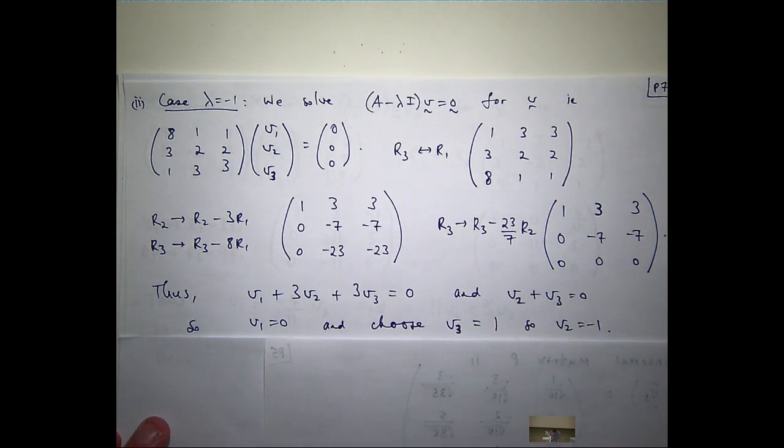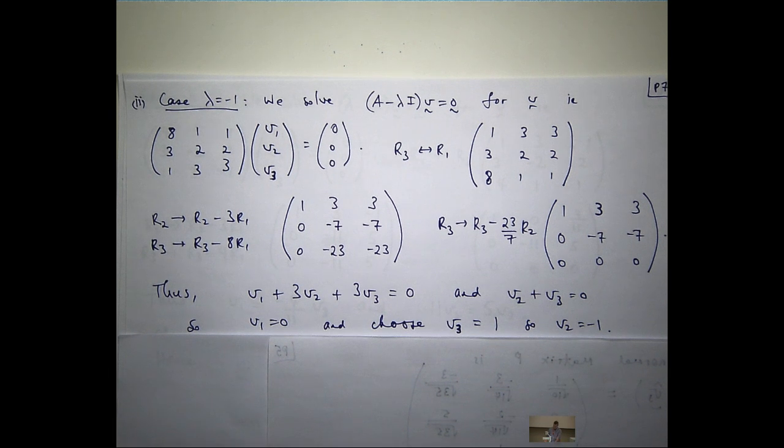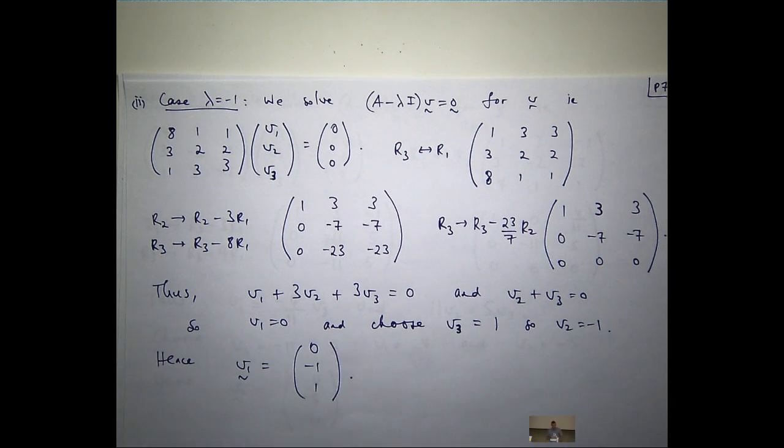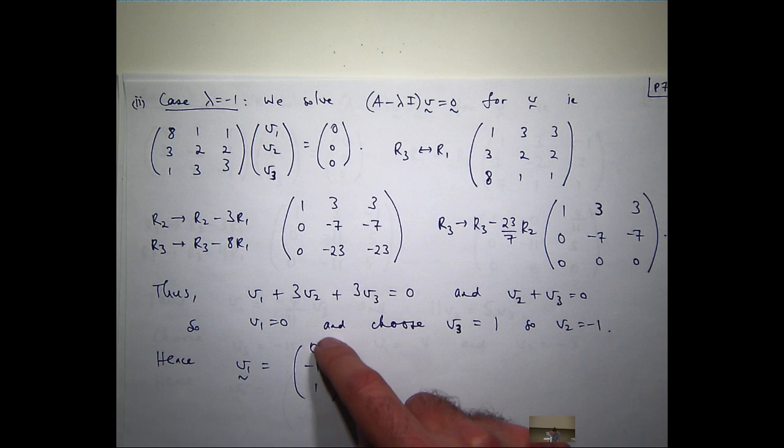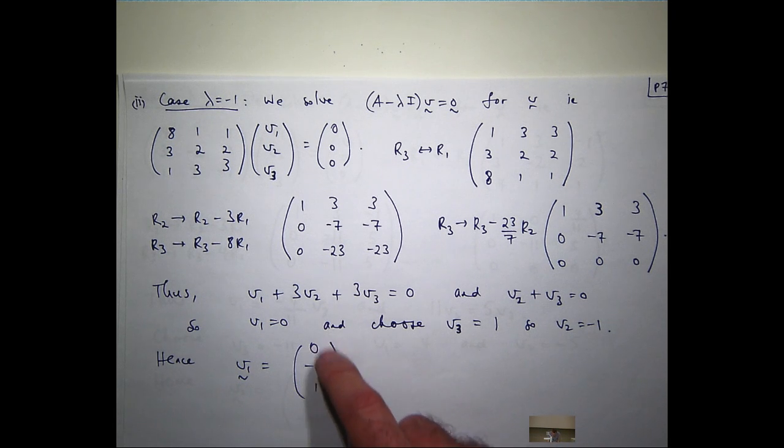I'm going to choose V3 to be 1, so V2 equals -1. So that's my eigenvector: 0, 1, -1. So that's the first case, our first eigenvalue and our first eigenvector.